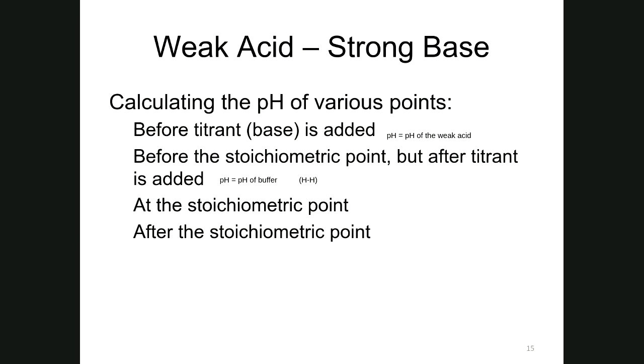Then we can look at the stoichiometric point. At the stoichiometric point, remember, all that exists that can change or affect the pH is the conjugate salt. So the pH is controlled by excess strong acid. Sorry, not strong acid. The pH is controlled by the salt.